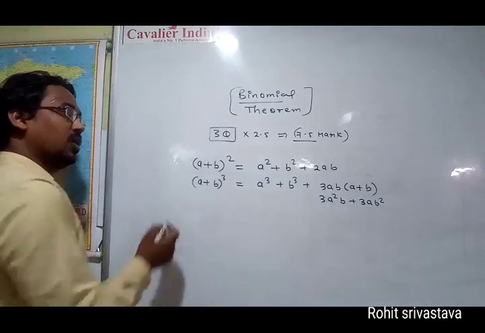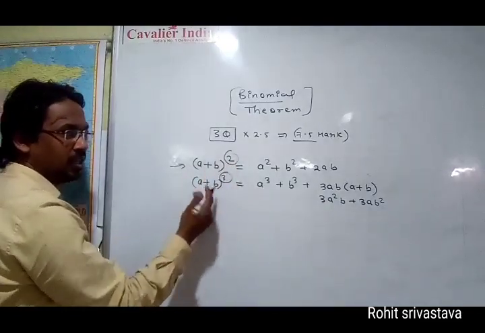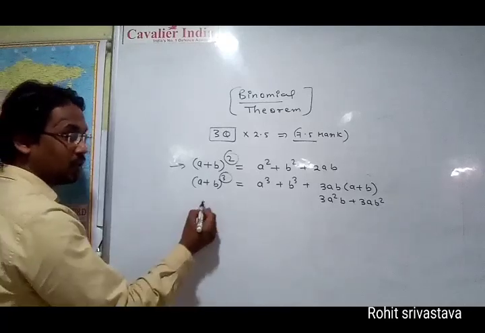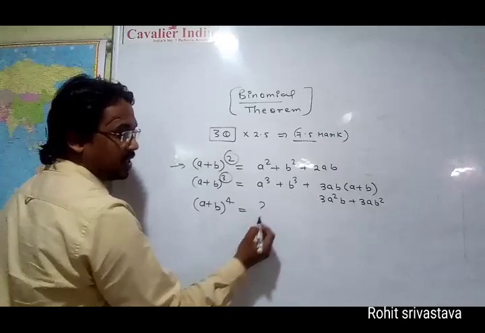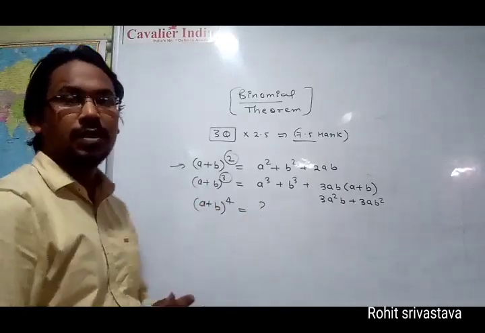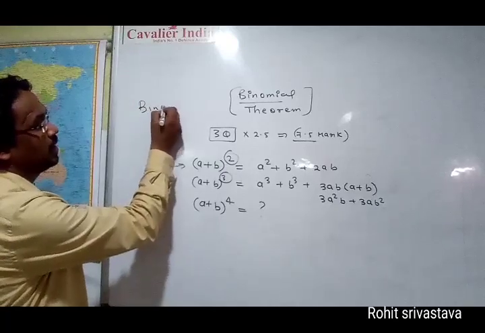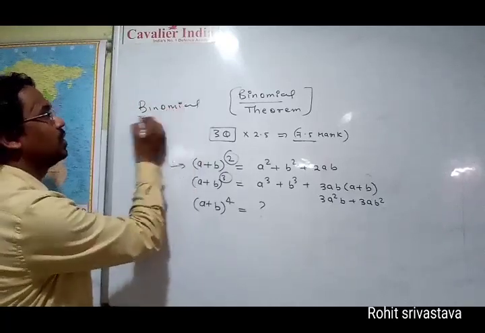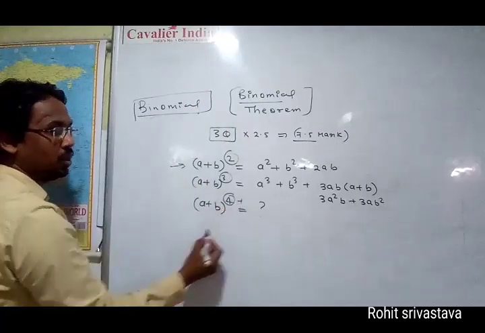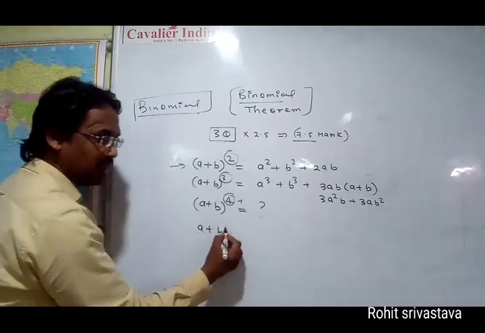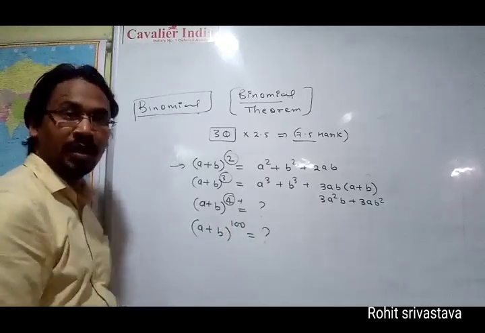Now for the 2 degree we can expand it, for the 3 degree we can also expand it, but for the 4 degree, a plus b power 4, we can't expand it like this. Let's suppose the power is a plus b whole to the power 100, then how can we open it?